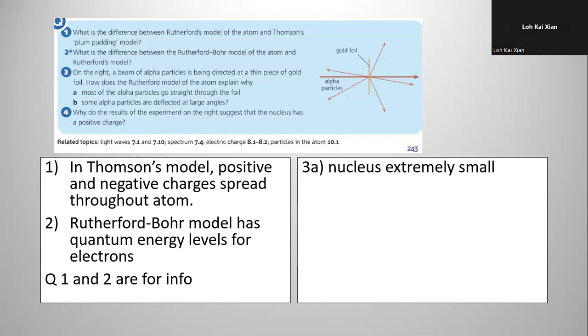Some alpha particles are deflected at large angles. Because they bounce off the nucleus? No, it doesn't bounce off the nucleus. It comes near the nucleus, so it's deflected.